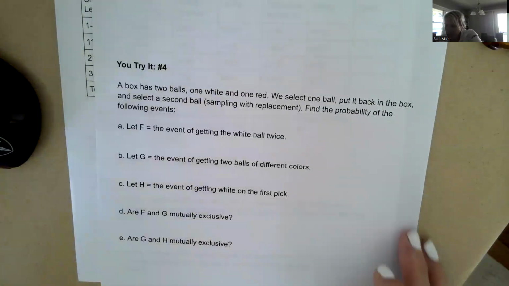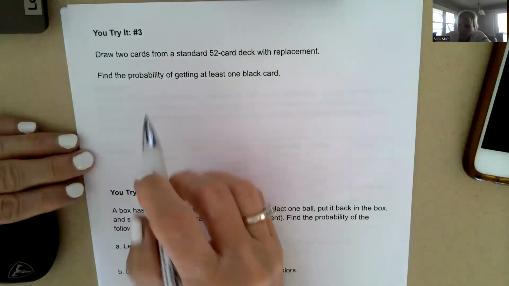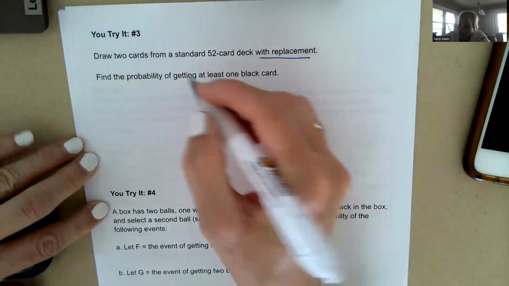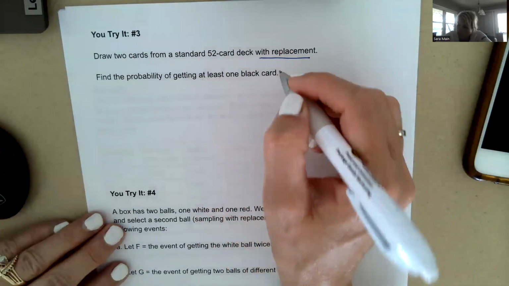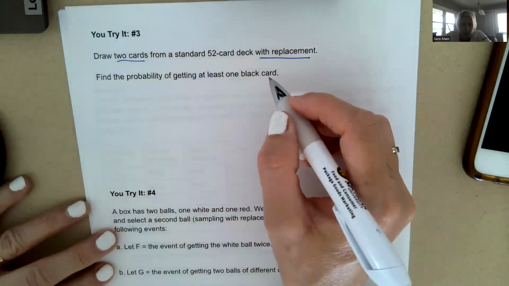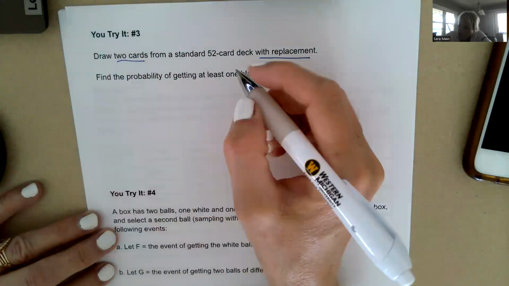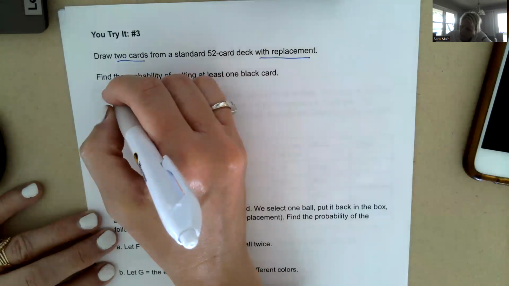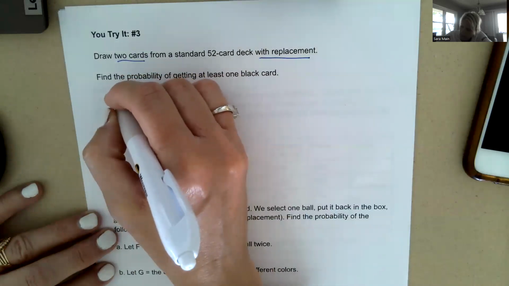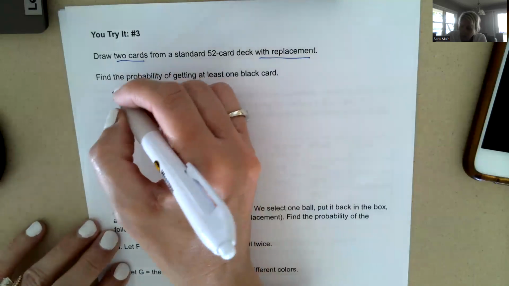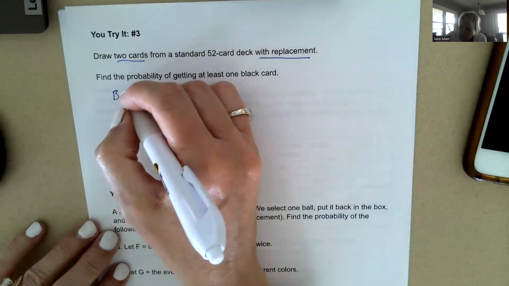So let's try a couple on our own. We're going to draw 2 cards from a standard 52 card deck with replacement. Find the probability of getting at least 1 black card. Okay, so at least 1 black card.